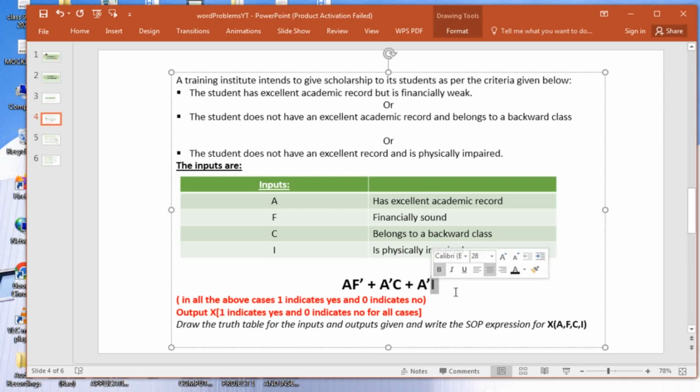Now this formation of the Boolean expression is very important. Depending on this, you have to do the truth table. You have to write the minterm, the maxterm, write the Boolean expression, and many things to do. Now let us go to the next slide and try to understand how to solve this problem.